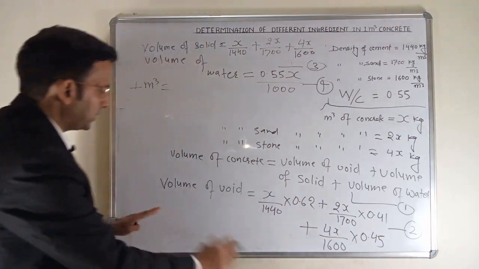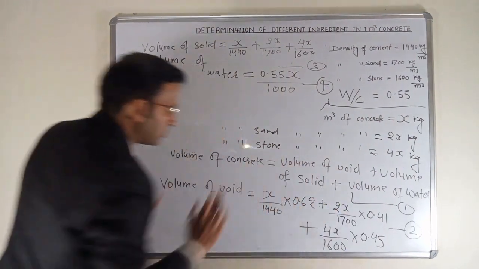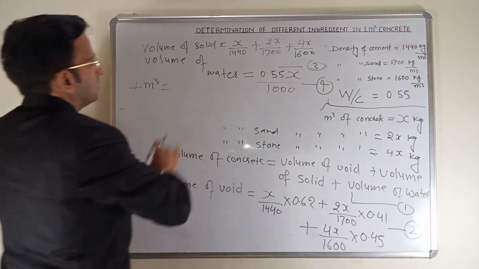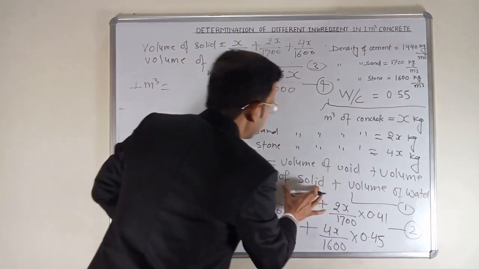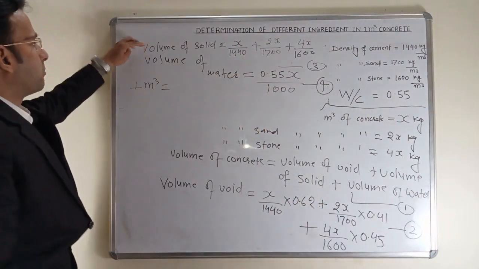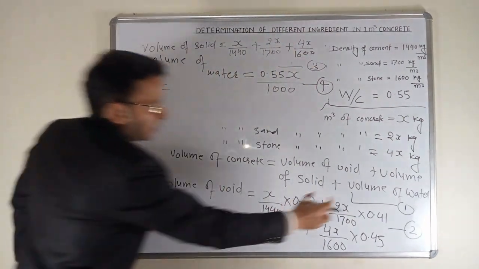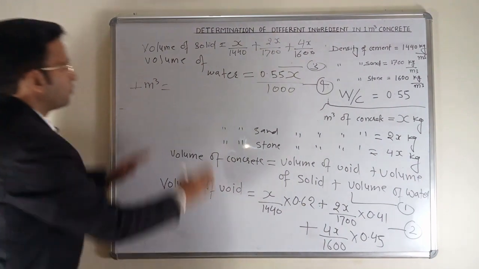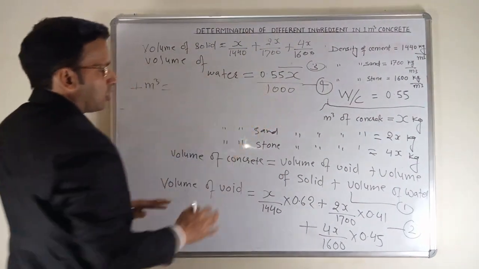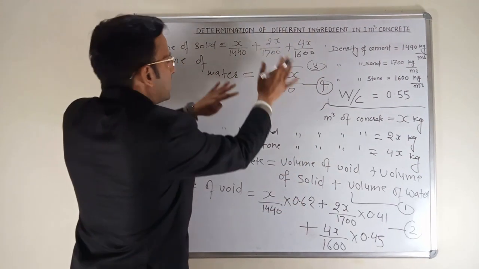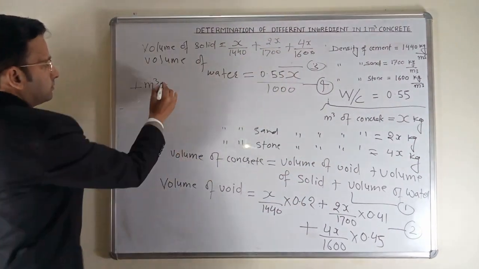Volume of voids we have calculated in equation number 2, so we shall put this value here. After that, volume of solid we have calculated by equation number 3. And last term is volume of water. We have calculated the volume of water. Now we shall put these 3 values in this equation.